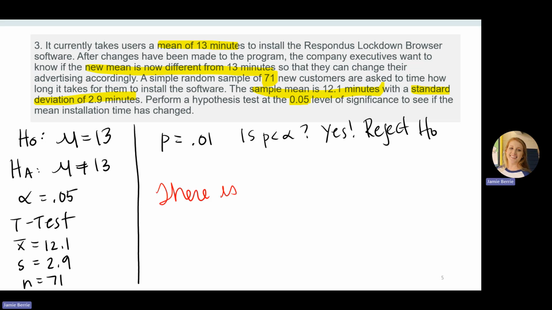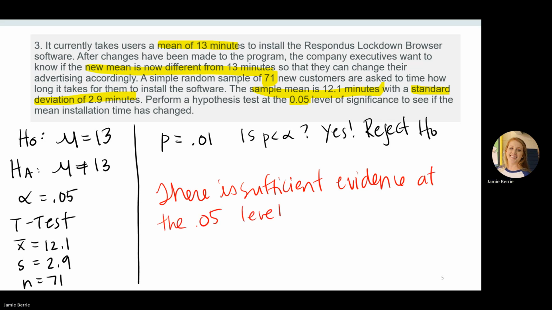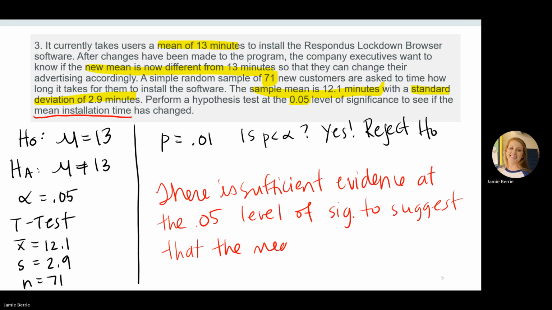There is sufficient evidence at the 0.05 level of significance to suggest that the mean installation time, yep, that was how they described it, the mean installation time is not 13 minutes.